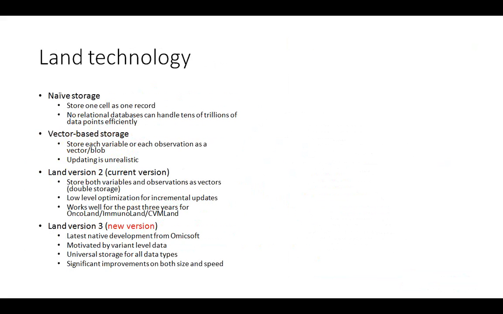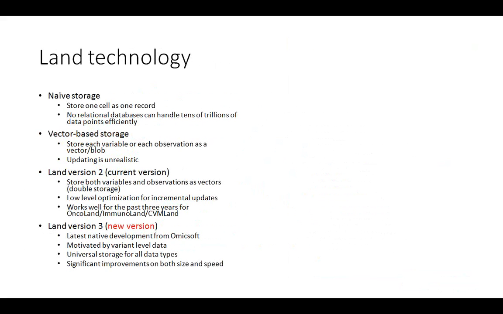We realized this problem 3 years ago, and we came up with a solution called Land version 2. Land version 1 was always internal, so we never released it. Most of you have been using Land version 2 for the 3 years. So there's no problem; I think the speed is good.